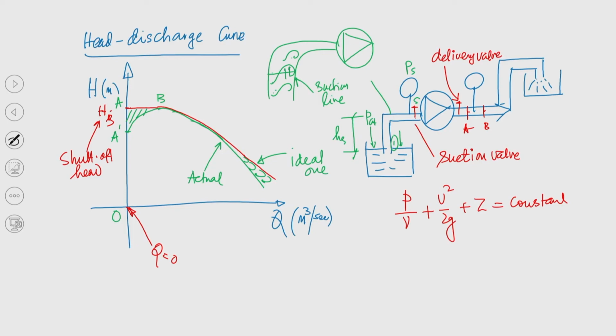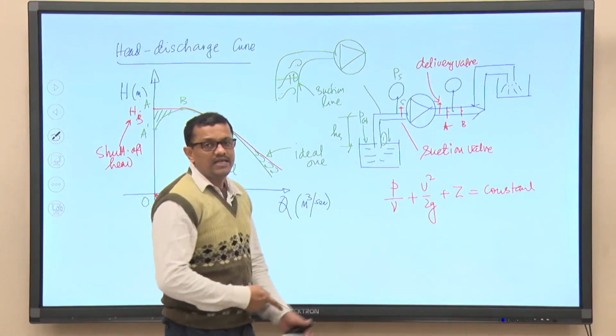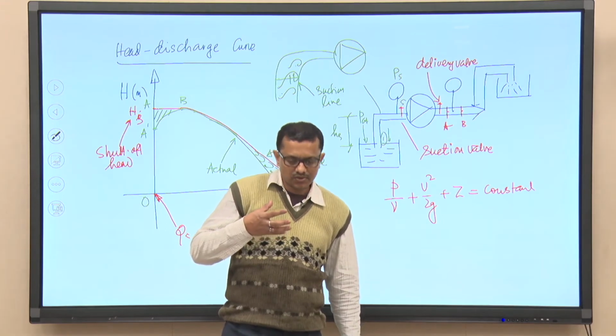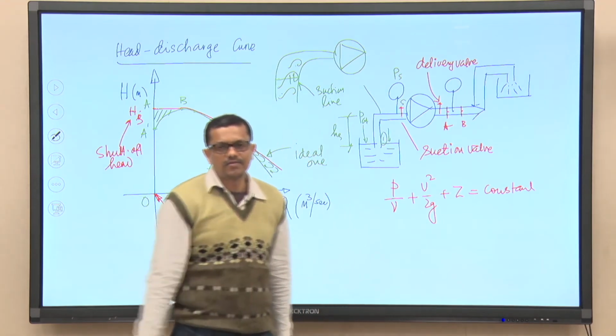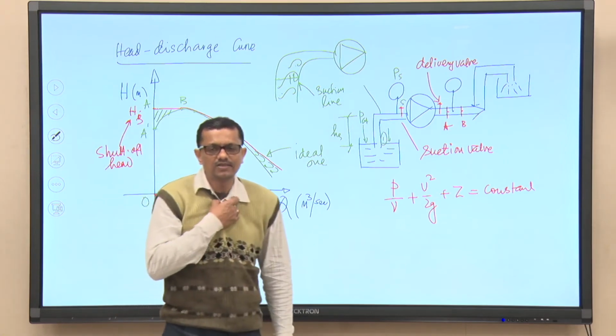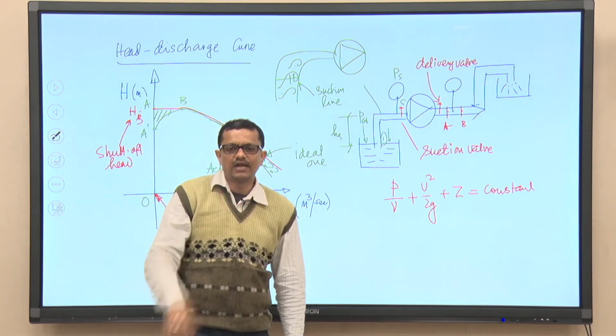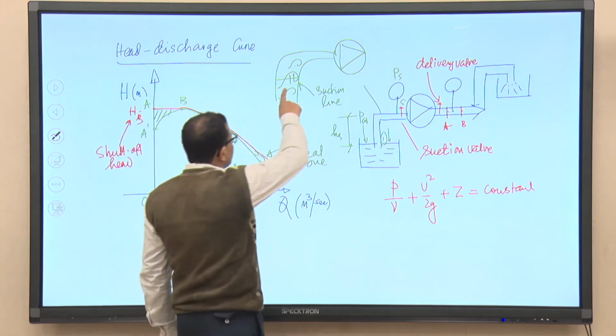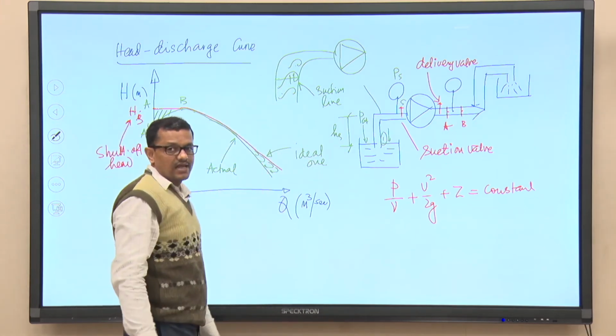So, you can see that when we use a particular pump for a stated purpose, that is to lift water from one place to another and against a particular head, there will be losses at the suction line.